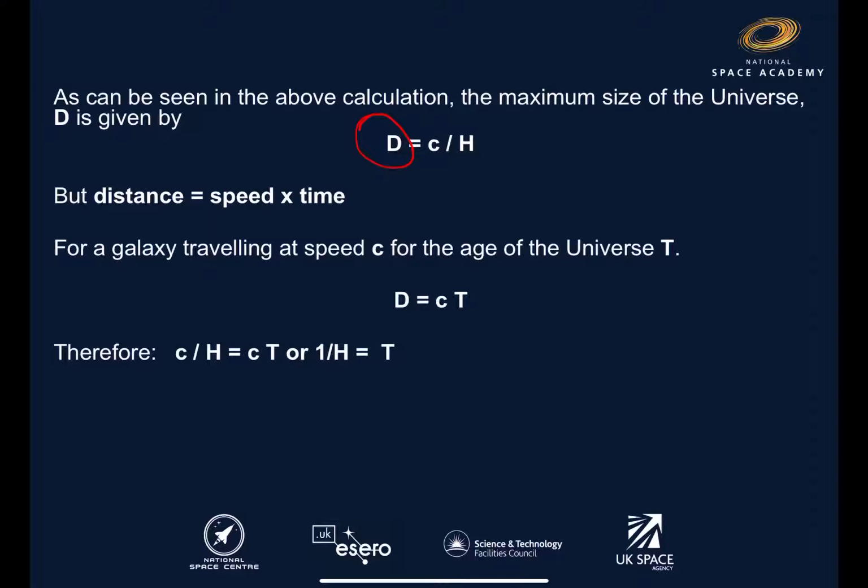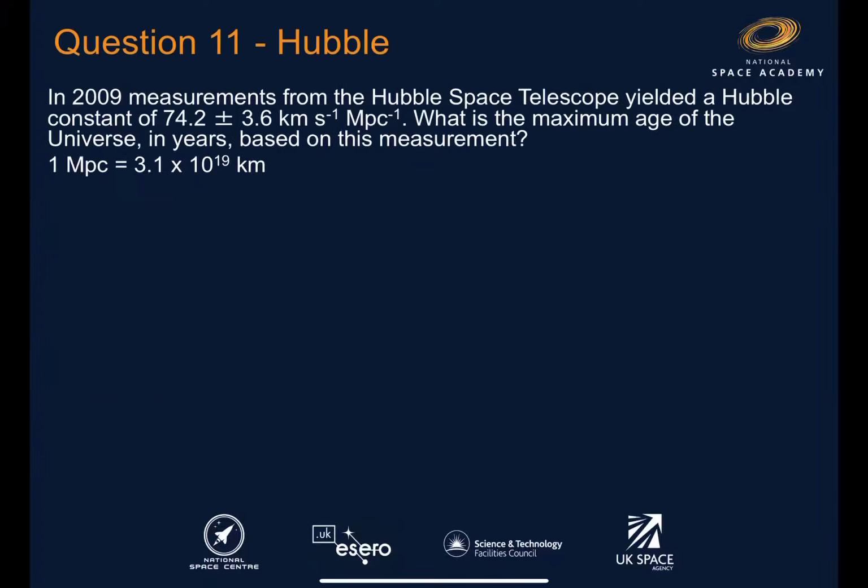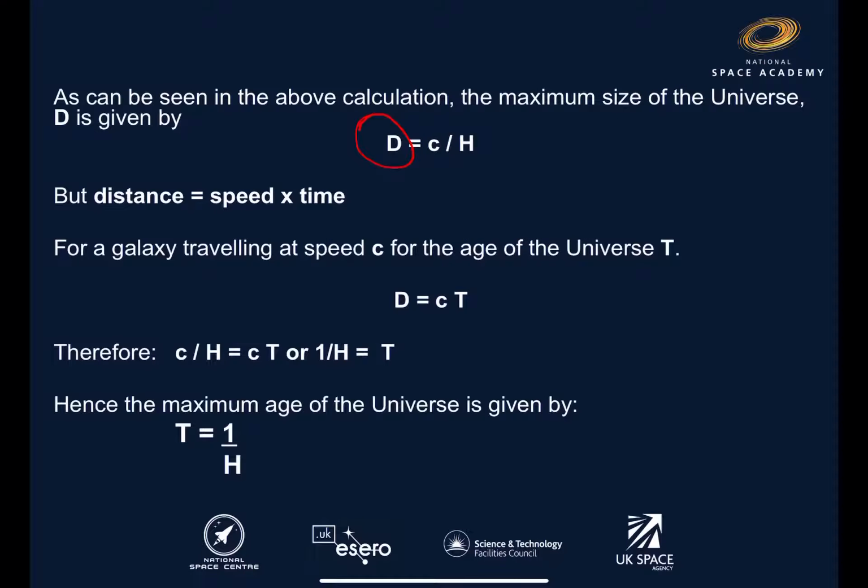we can deduce from that, let's just bring all of this up and then you can pause this and have a look, because this bit here is slightly confusing. We can deduce that if distance is speed multiplied by time, then 1 over the Hubble constant gives us a time.